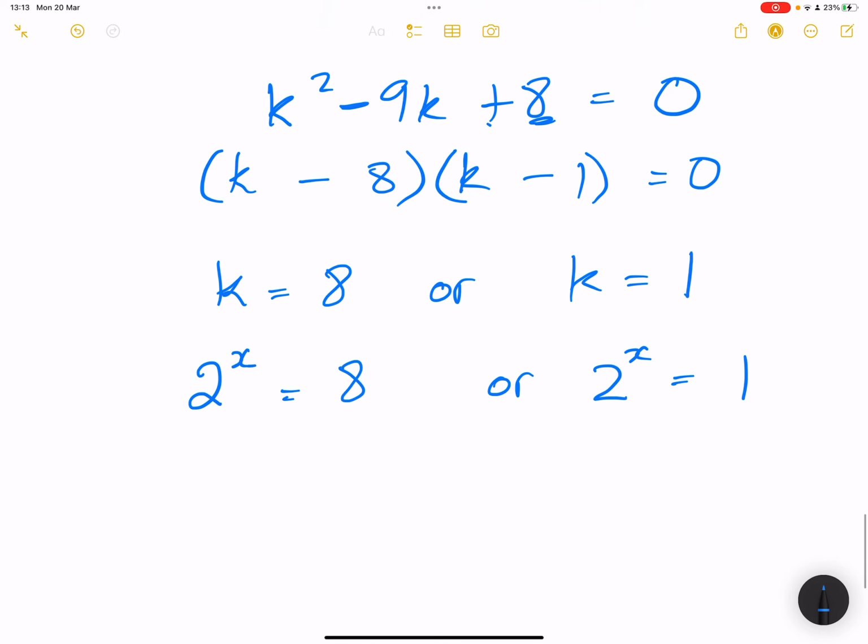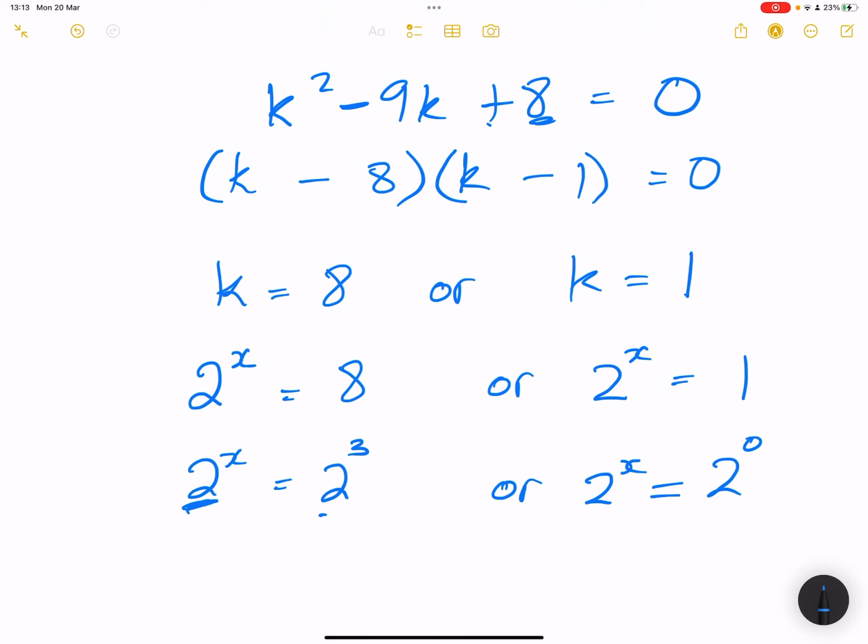So in this case, we change it into bases that are the same. So 2 to the exponent x gives us 2 to the exponent 3, or 2 to the exponent x gives us 2 exponent 0. Remember, anything raised to the exponent 0 is 1.